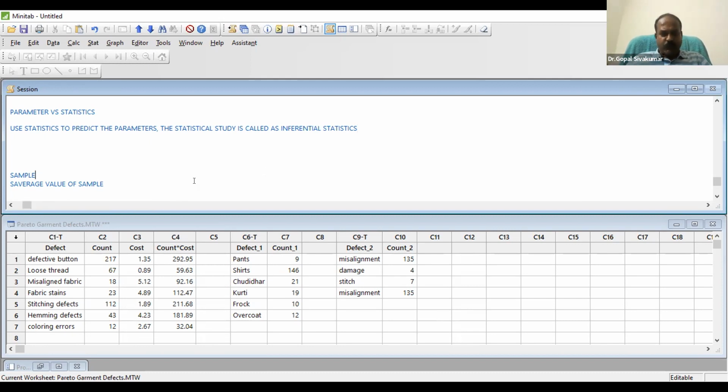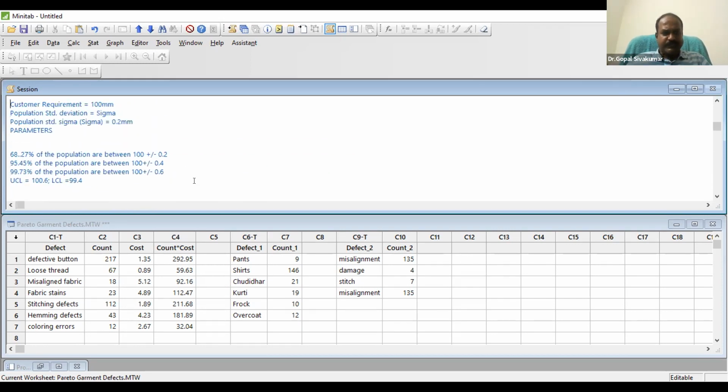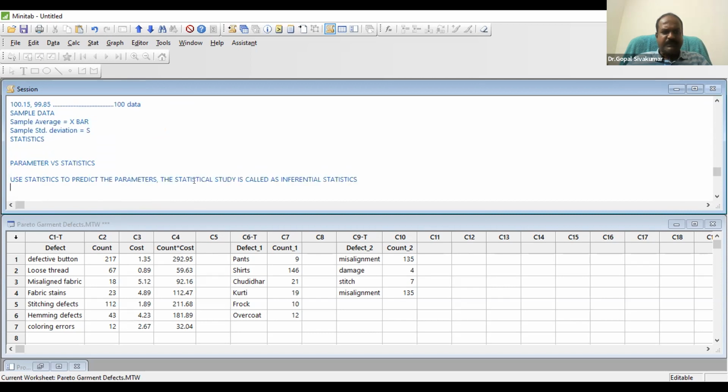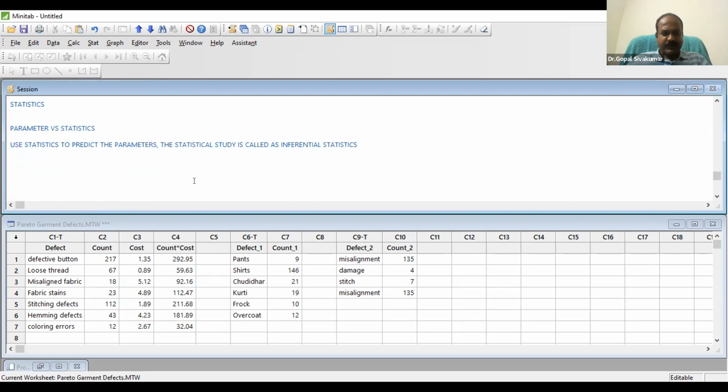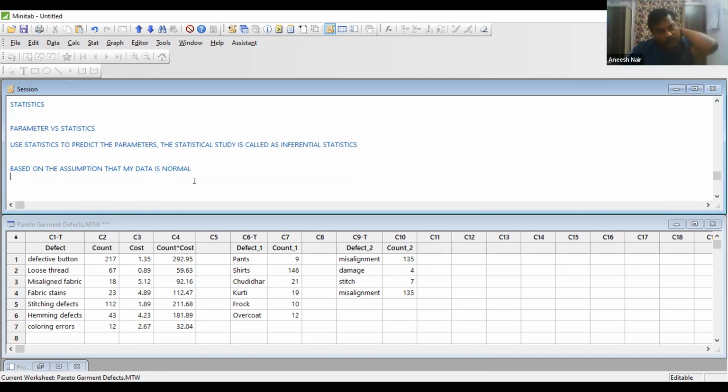Now, please note, I have written so many equations here, 68%, 95%, 99%, and so on. All these statements are based on the assumption that my data is normal. Am I correct? Yes. If data is not normal, my decision can easily go wrong.